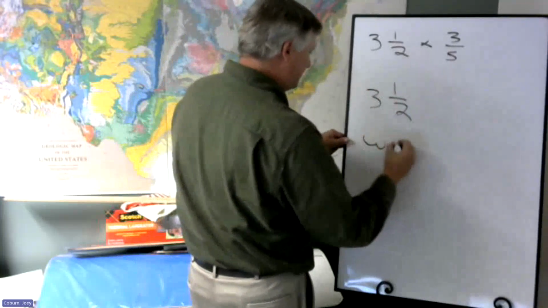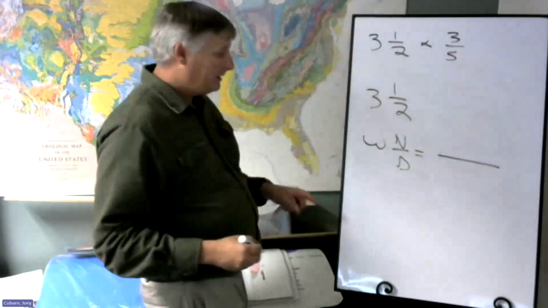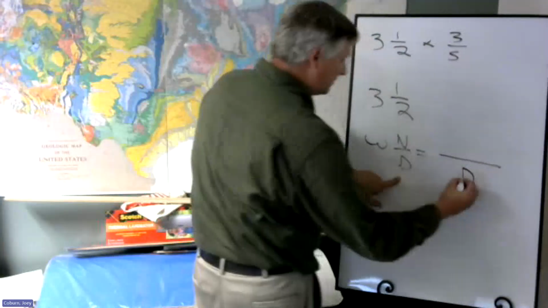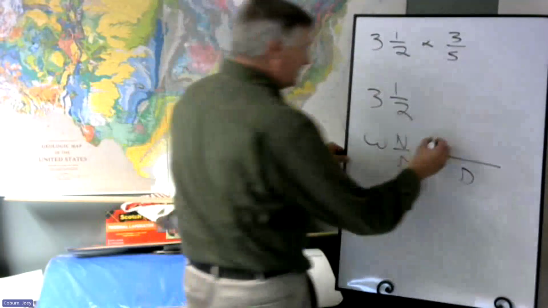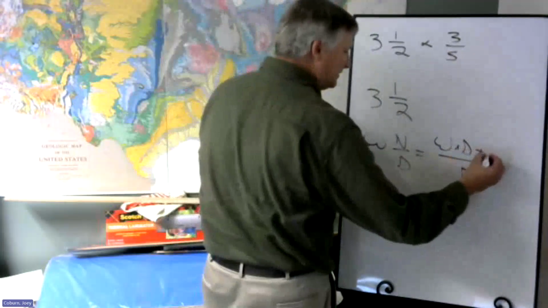Now, the formula we use: W n over D, D carries over, and you have W times D plus the numerator n.